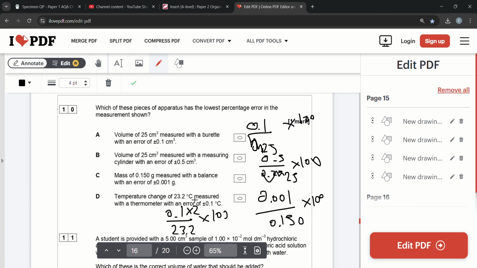So which one's got the lowest percentage error? That's 40.